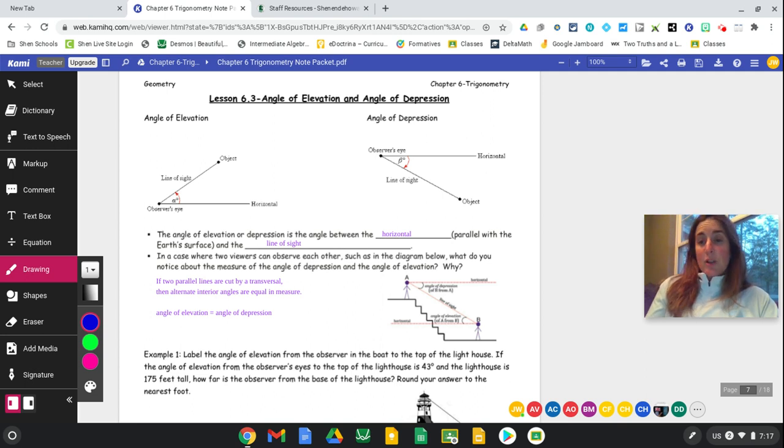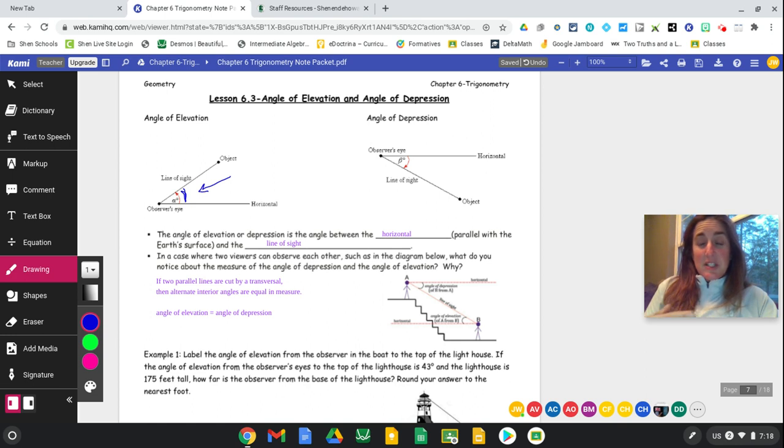So say you look up in the sky and all of a sudden a bird flies by, or like Superman or something else, which would be super exciting. You look up at that object, and the angle that is made with the horizontal, which is generally parallel with the Earth's surface, is your angle of elevation. So this angle in here with your line of sight to the object is your angle of elevation.